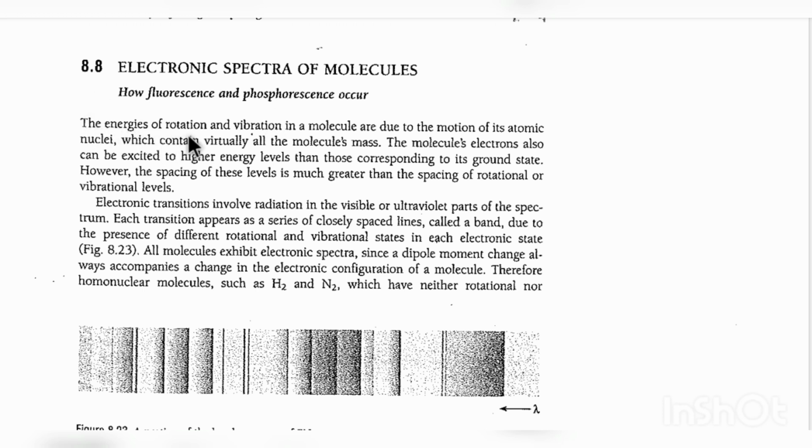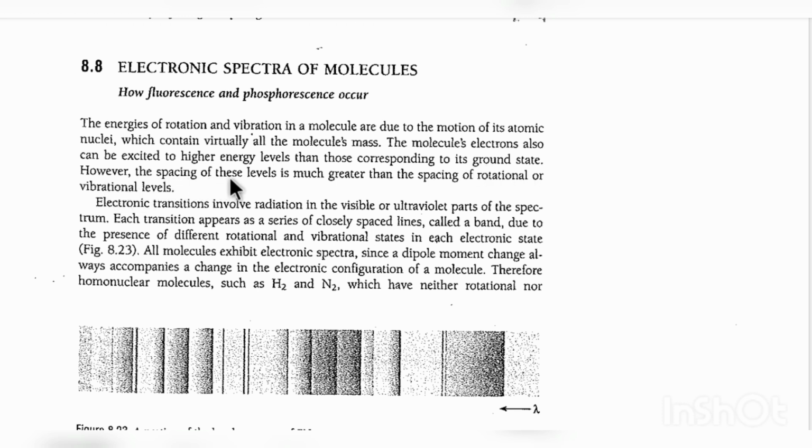The energies of rotation and vibration in a molecule are due to the motion of its atomic nuclei, which contain virtually all the molecule's mass. The molecule's electrons also can be excited to higher energy levels than those corresponding to its ground state.